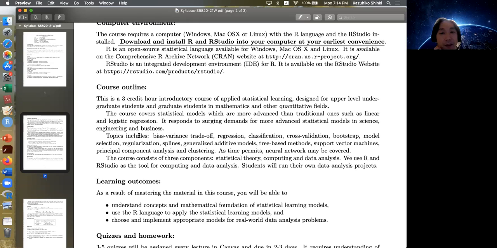The topics include the bias-variance trade-off, regression and classification, and cross-validation and bootstrap. This is largely computational methods for modeling, and model selection, regularization, splines, generalized additive models, tree-based methods, support vector machines, principal component analysis and clustering.